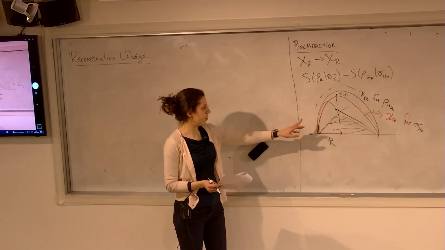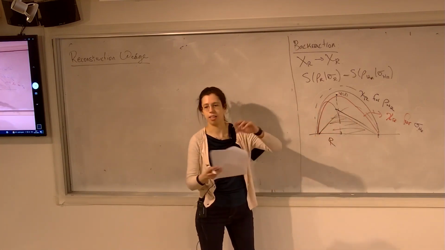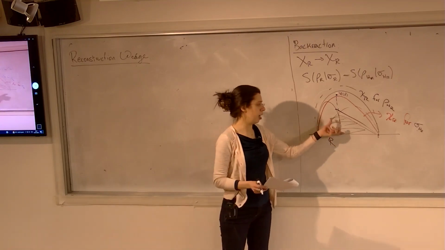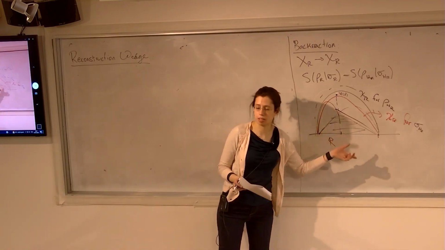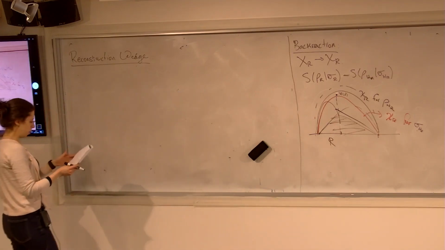Rather than having an outer envelope which is just some intersection of the wedges and isn't a nice wedge on its own, it does turn out that this outer envelope is in fact an entanglement wedge of a particular state in the code subspace.